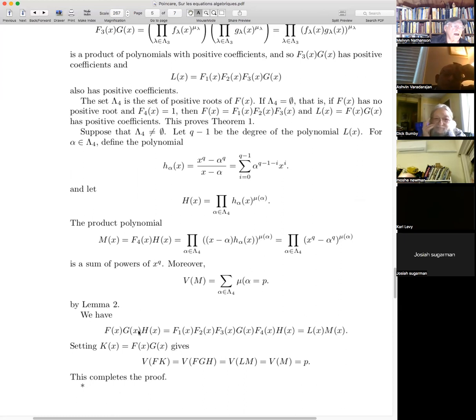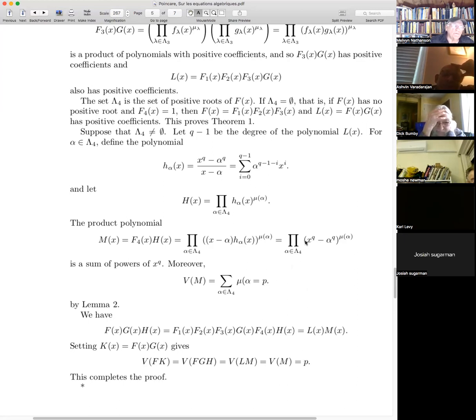F is F1, F2, F3, F4 times G times H. F1, F2, F3 times G is this polynomial L, and F4 times H is M. So I'm multiplying L and M. Now, let's look at that for a second. M is this polynomial which only involves powers of x to the q. And there are some variations of sign in the coefficients of that. It's not all positive coefficients, certainly. In fact, we know exactly how many. There are p variations of sign.